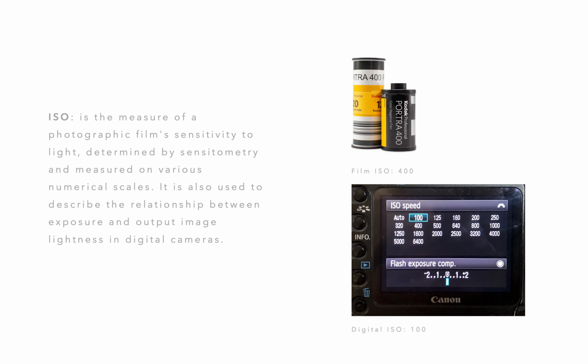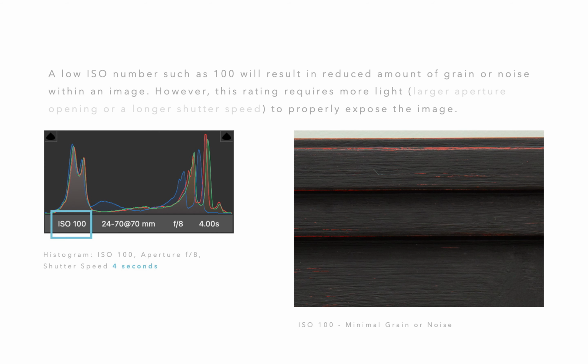So, yes, there's a technical difference between film and digital, but for our sake, it's more or less the same thing. A low ISO number requires more light to expose, and a high ISO number will require less light to get a proper exposure.